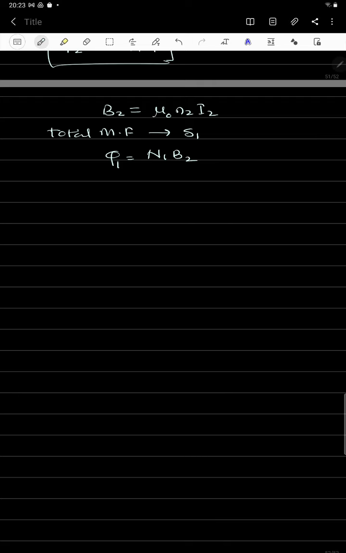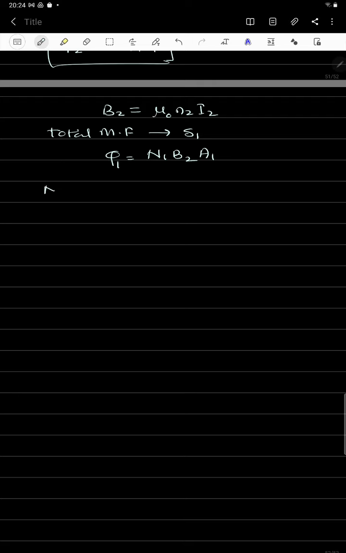Here we get B2, magnetic field B2, and again we get A1. Why? Because the radius of the first coil is maximum, therefore we'll take that radius only here; it depends on that radius.